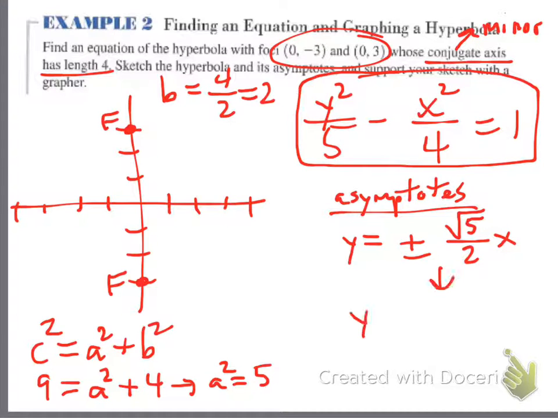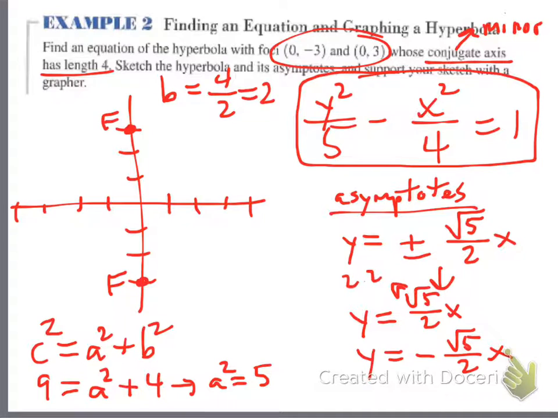Remember, that breaks down to y equals radical 5 over 2 x, and y equals negative radical 5 over 2 x. Now, to graph these, the square root of 5 is about 2.24.